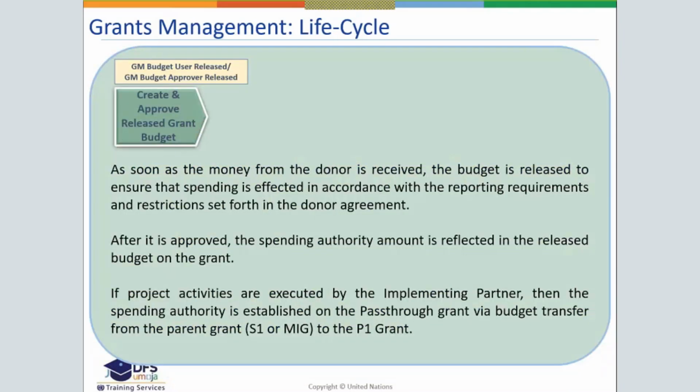So what we have to do now is release this budget according to our previous plan in order for this money or this budget to be spent properly, always in accordance with the requirements of the donor that are compiled in the donor agreement. Okay. For project activities that are executed by implementing partners, this part of the budget is transferred from the grant to the pass-through grant, the corresponding part that is agreed with the implementing partner.